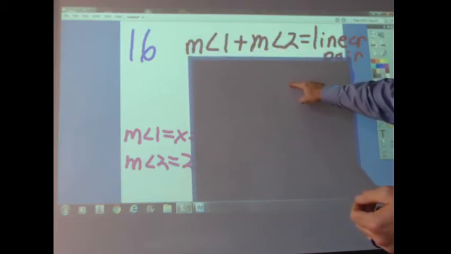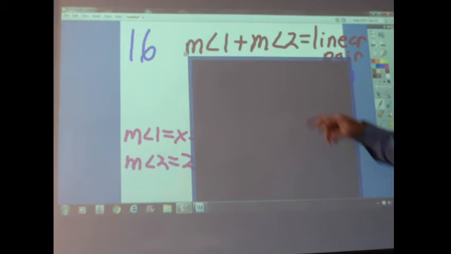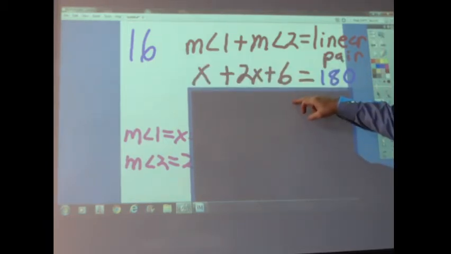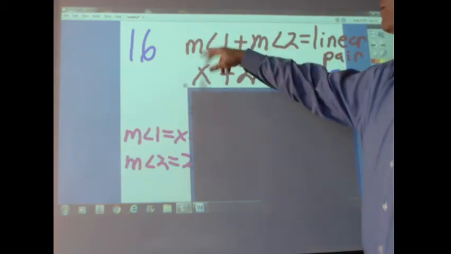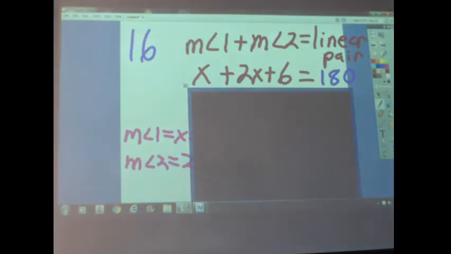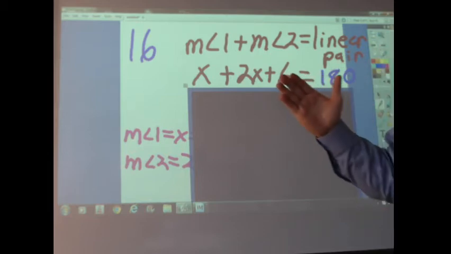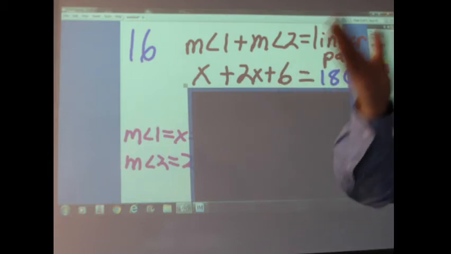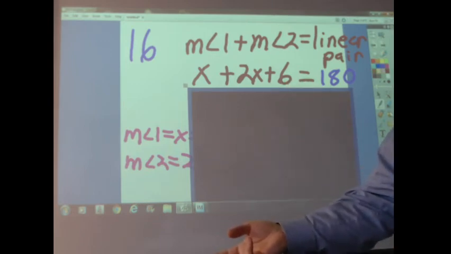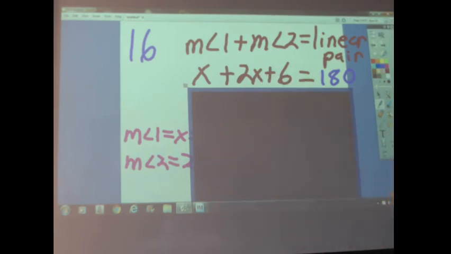So if the measure of 1 and the measure of 2 form a linear pair, then I don't know anything about 1, so I'm labeling it as x, and angle 2 is 6 more than 2 times the measure of angle 1. That's how I would write that. And this is where you guys really have to start working on that part, because we're going to see this throughout the whole year. 6 more than 2 times this. 3 less than 4 times that.